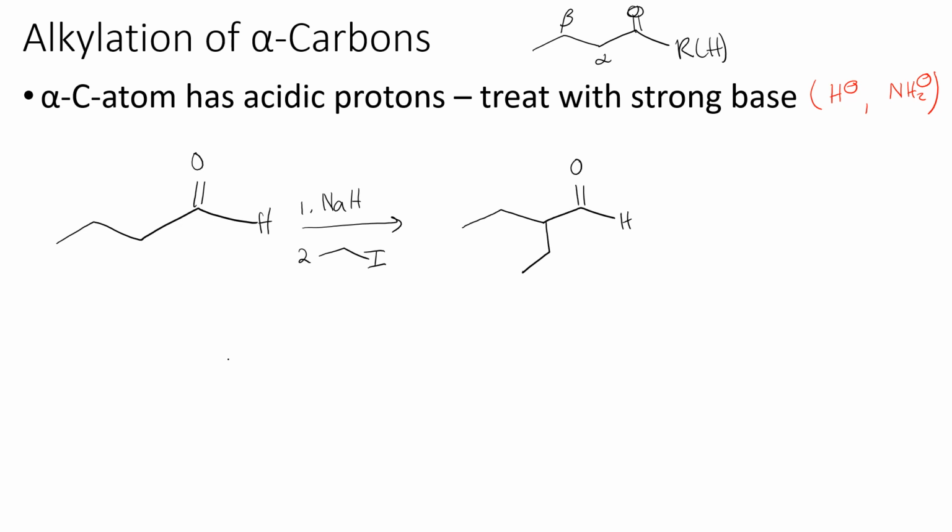So walking through the mechanism associated with this reaction, again, I'm going to show those alpha protons because that's what we're going to take advantage of. With the sodium hydride, I'm going to take advantage of that hydride ion, and it is going to deprotonate one of those alpha protons for us.